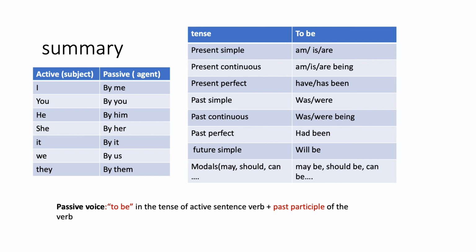For modals we only have be: may be, should be, can be, etc. It's easier for modals. For the passive voice, to be takes the tense of the active sentence. So we always look at the tense of the verb in the active sentence. To be has to be conjugated in this tense, plus of course the past participle of the verb. This is just a reminder.